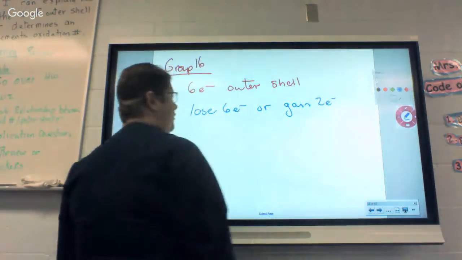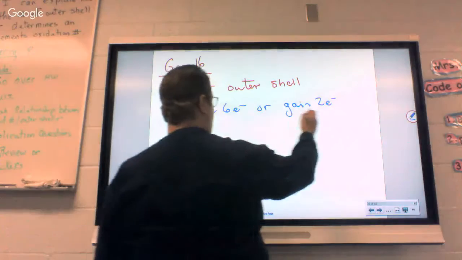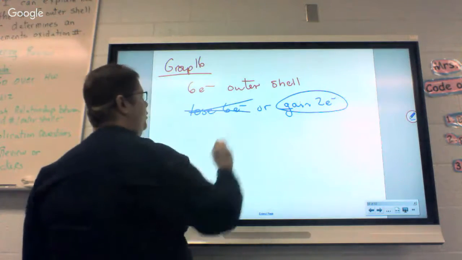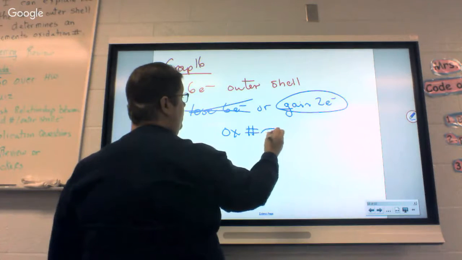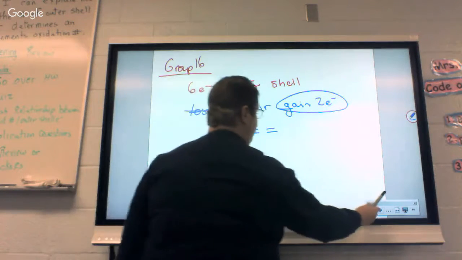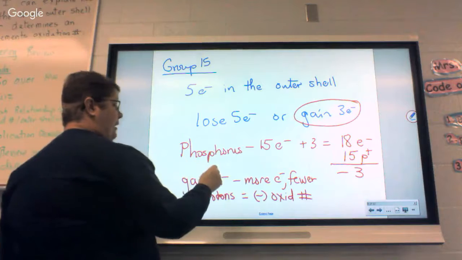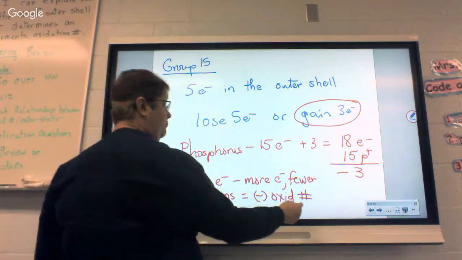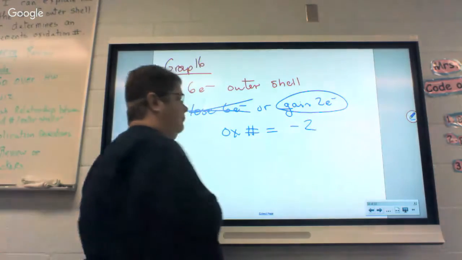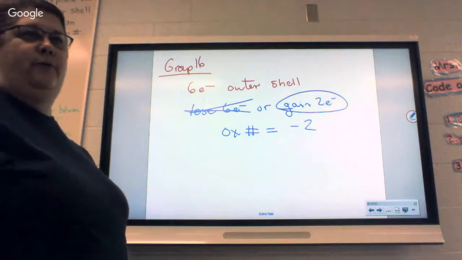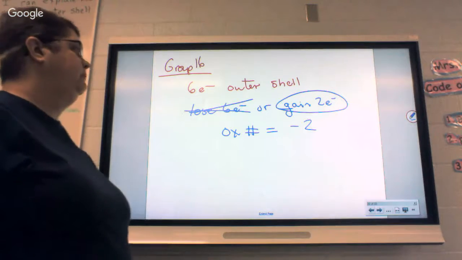What would be easier for it to do? Gain 2. So if it gains 2, what's its oxidation number? It'll be -2. That's right. Because you gain, it's negative.